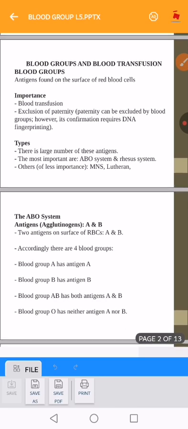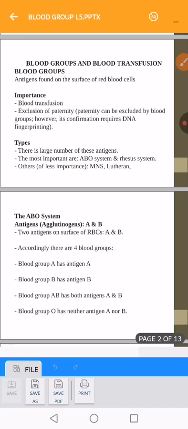So we're going to start first with the ABO system. All of you know we have blood types: B positive, A negative, A positive, B negative, O, A, B. All of you know your blood group.